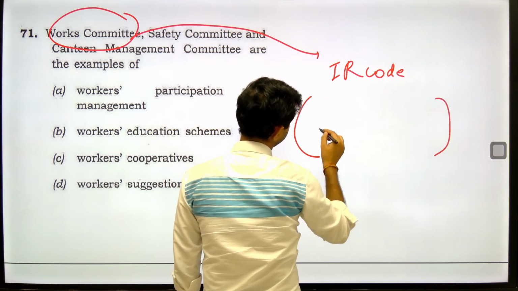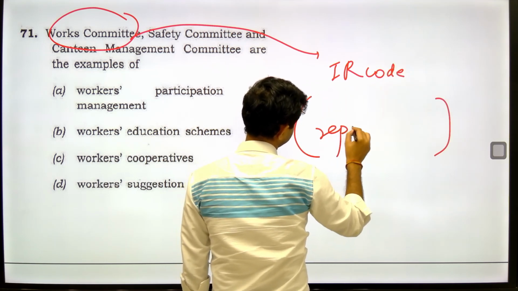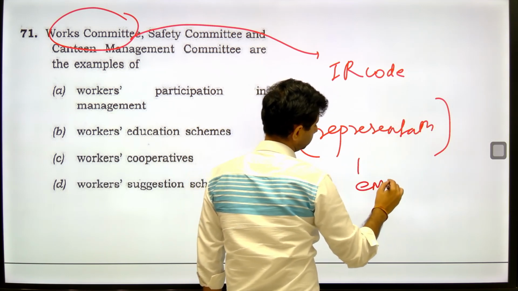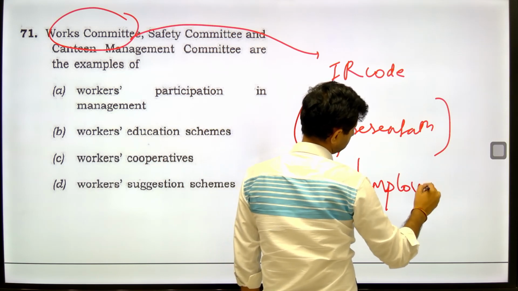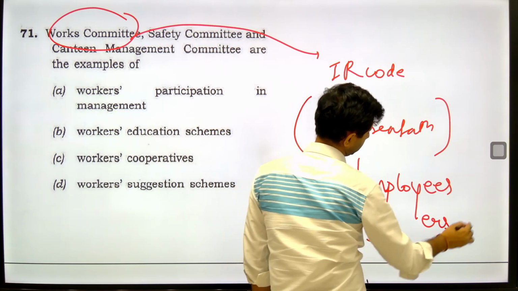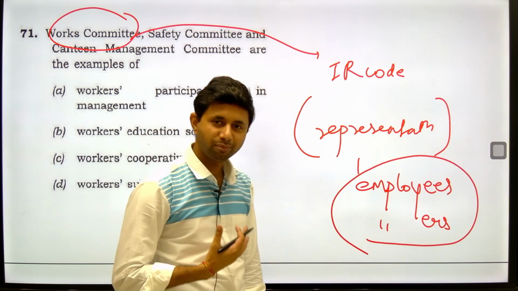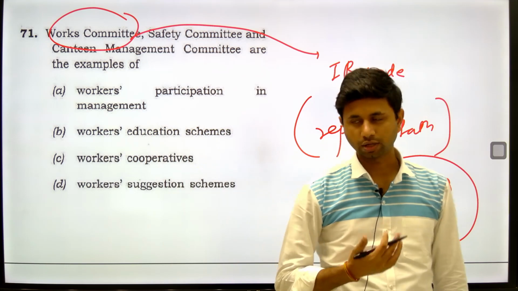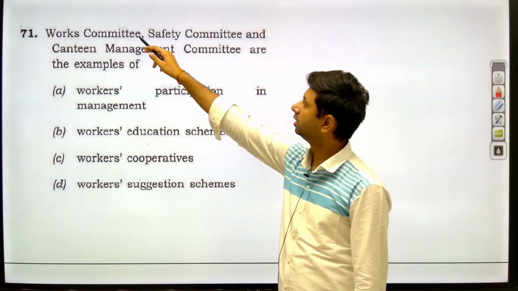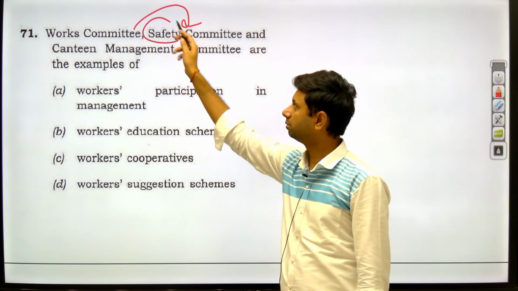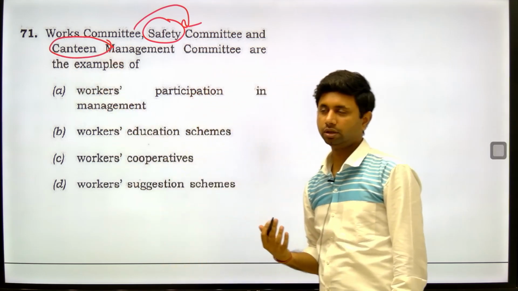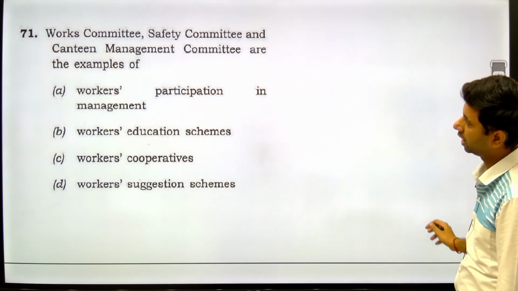These include equal representation from employees as well as employers. Okay, and they discuss amongst each other whatever their issues are. Okay, so this is what the works committee is related to, and similar committees, if they are specifically created for safety and specifically for canteen, are differently known as safety and canteen management committees.